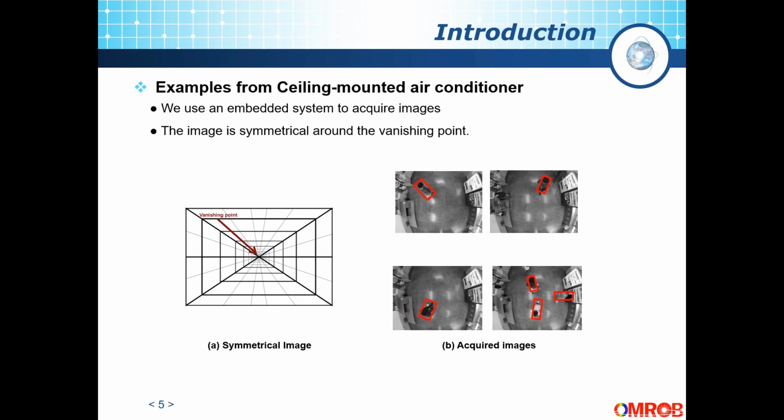In the top view scene, the image appears symmetrical around the vanishing point, such as in the omnidirectional view. The data is taken from the embedded system of a ceiling air conditioner. In this paper, we propose a lightweight and efficient algorithm that can be applied to embedded systems.